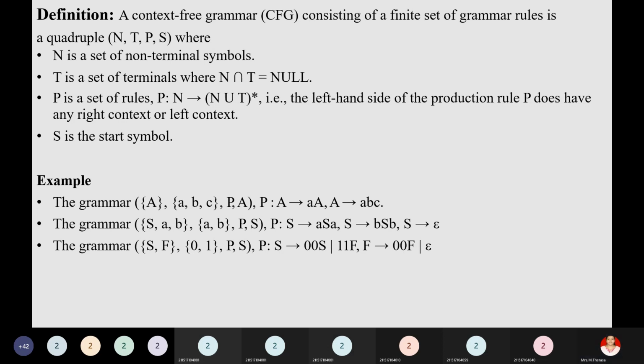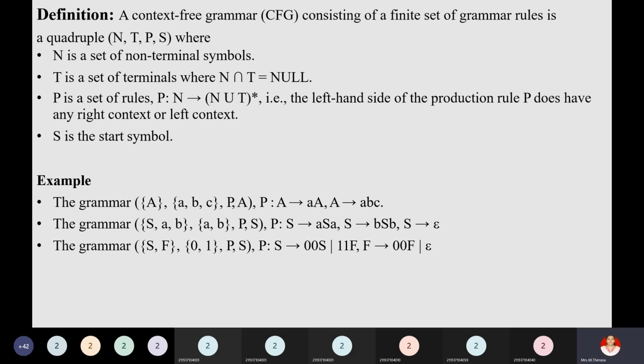Here we have some examples. Here you can see the four tuples: ({A}, {a, b, c}, P, A). Here the set of non-terminals is A, the set of terminals is a, b, c, and P is the set of production rules.